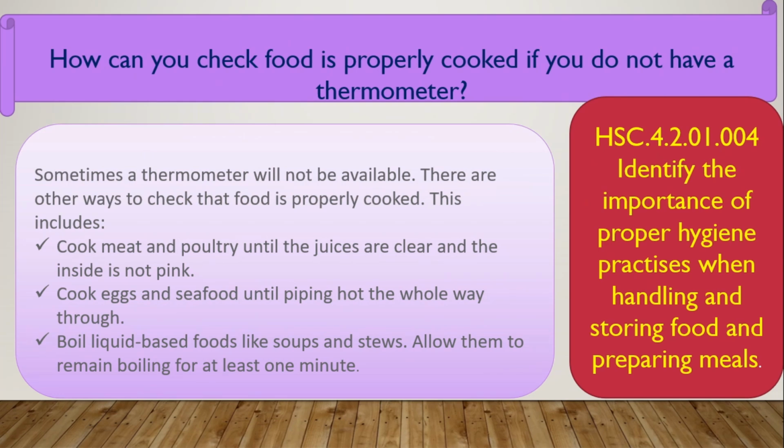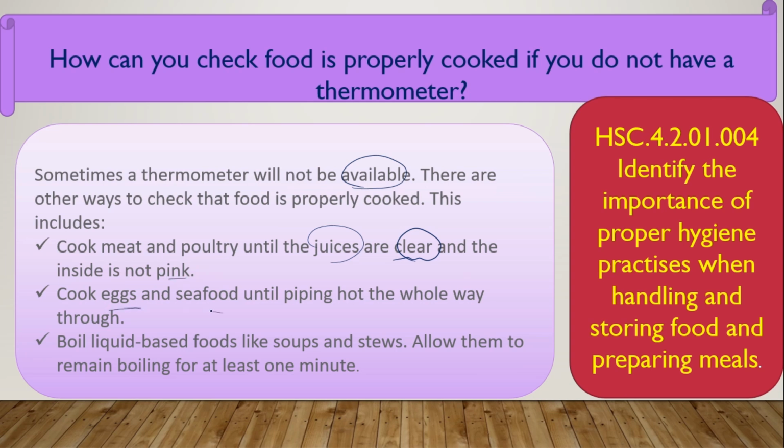How can you check food is properly cooked if you don't have a thermometer? Sometimes a thermometer will not be available. There are other ways to check the food is properly cooked. This includes cooking meat and poultry until the juices are clear and the inside is not pink.